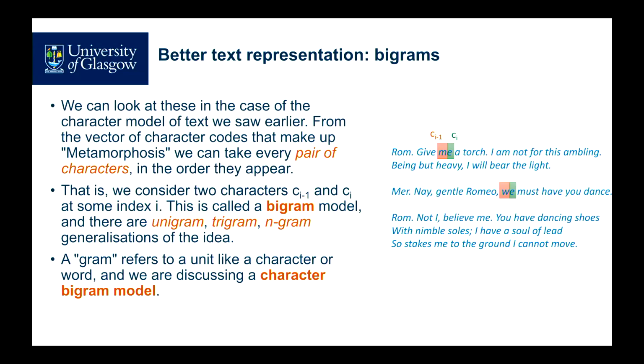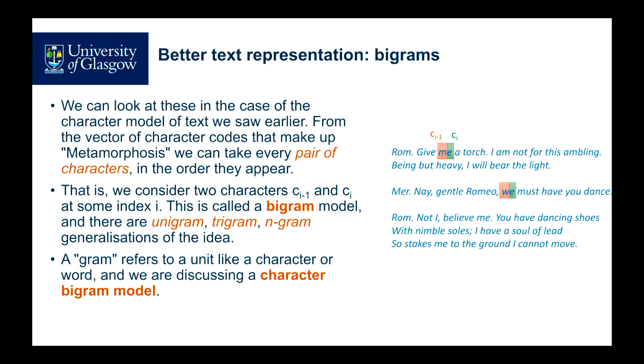And there are more than that. There are unigrams, where you have only one value, that's what we did before, bigrams, where you have two values, trigrams, where you have three, or n-gram models, where you have n items that you're considering. So that's a fairly generic idea. Really, gram here refers to a unit. It can be a character, it can be a word.